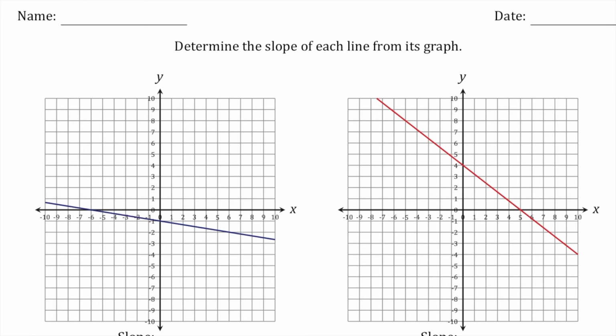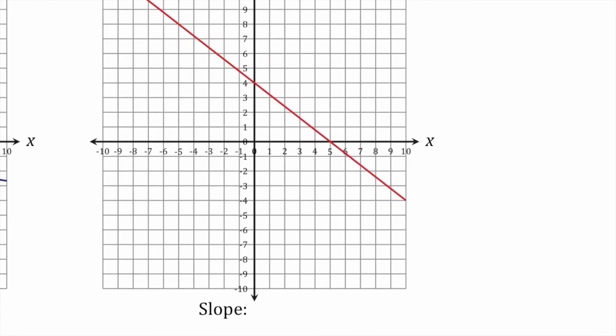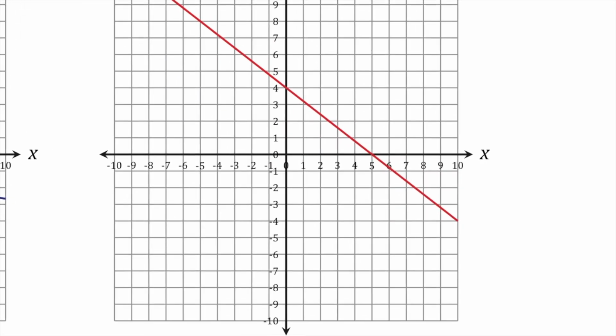So let's look at how we choose our points. So let's do this one as our example. We have this graph here. We have this as our slope.